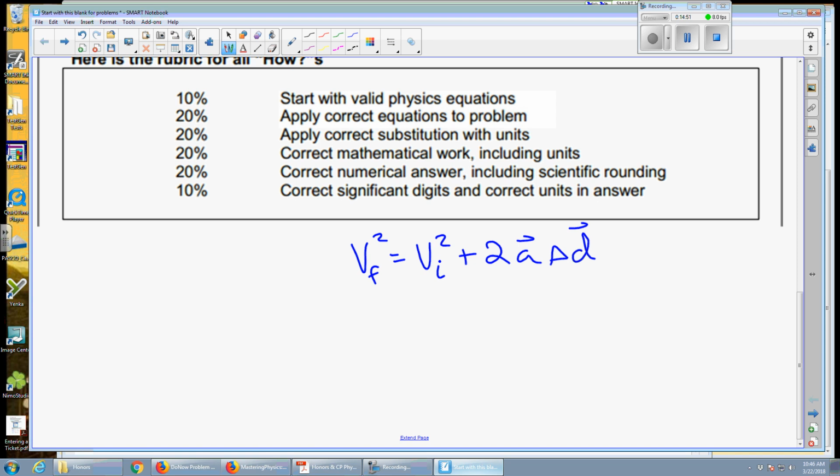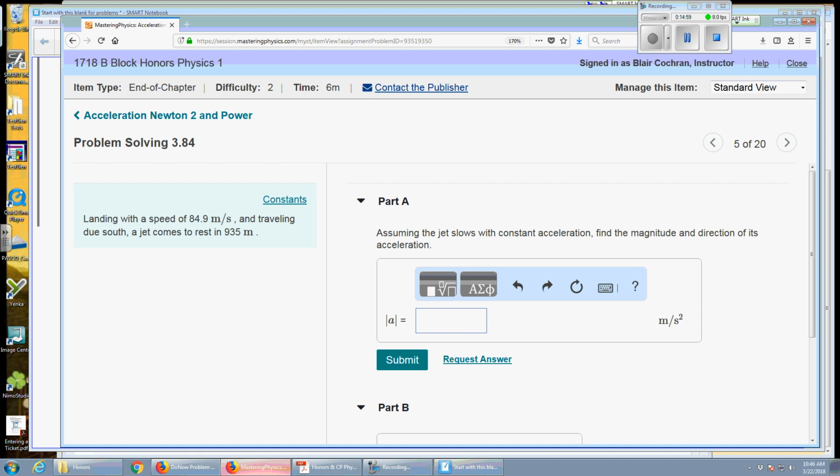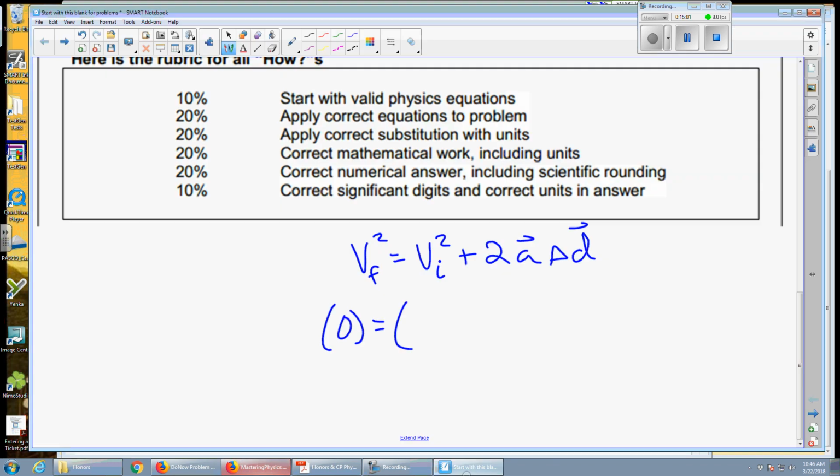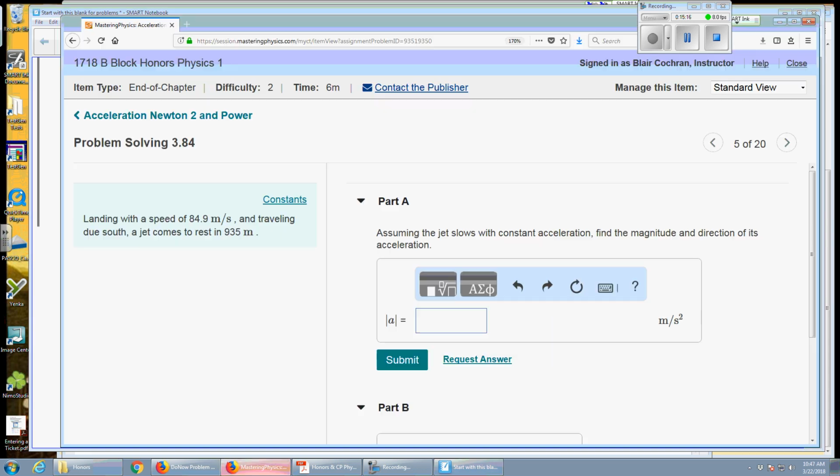But so my V final, I know that that's 0. My V initial, 84.9 for me. Abby, it's going to be a different number for you. Oh, sorry, Abby. Plus 2. I said my acceleration and my velocity have to be in opposite directions.